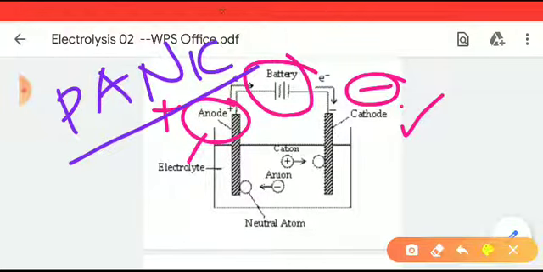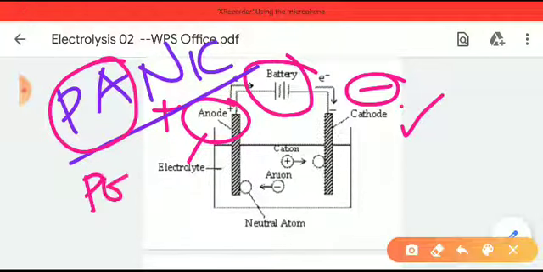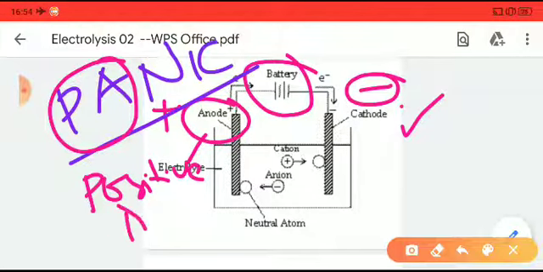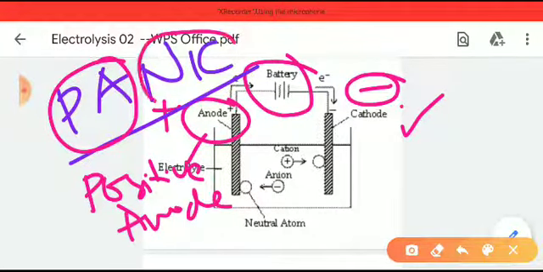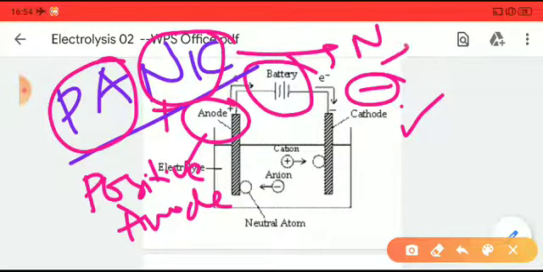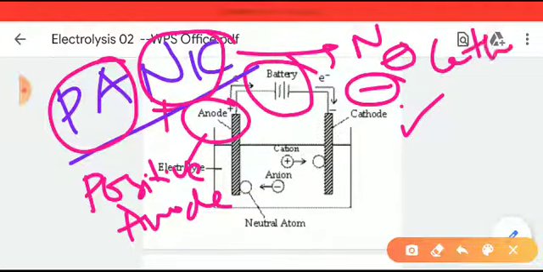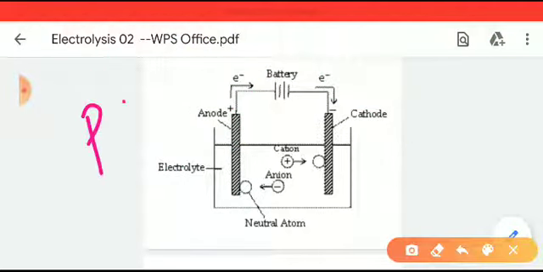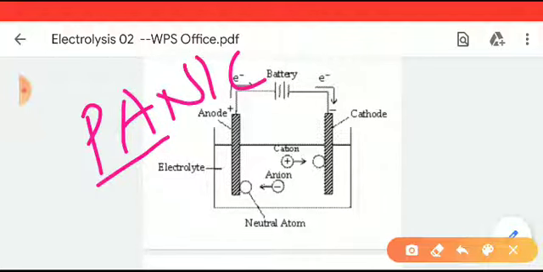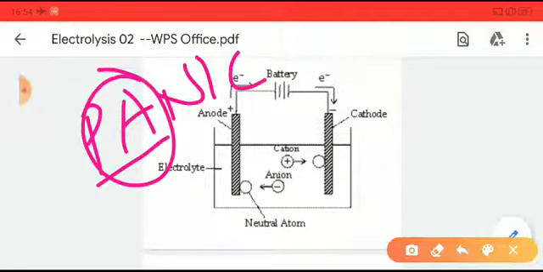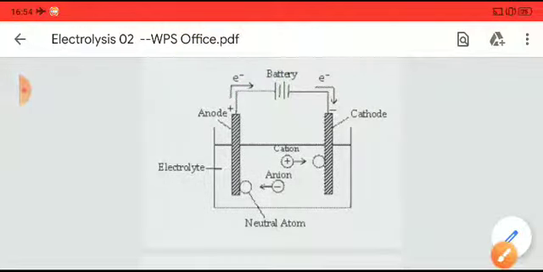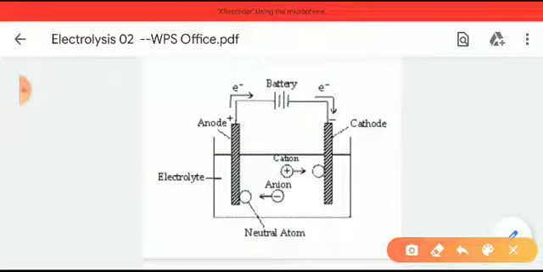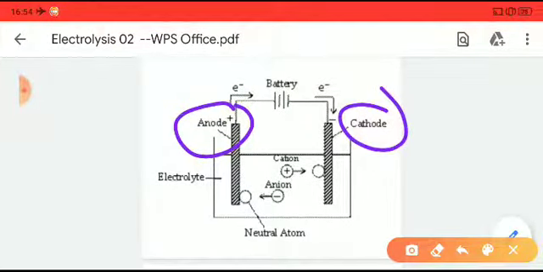In PANIC, PA means positive is anode, and NIC means negative is cathode. So by this formula we know that positive is anode and negative is cathode.